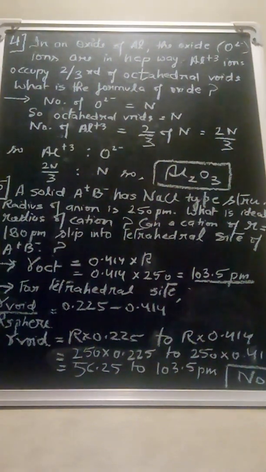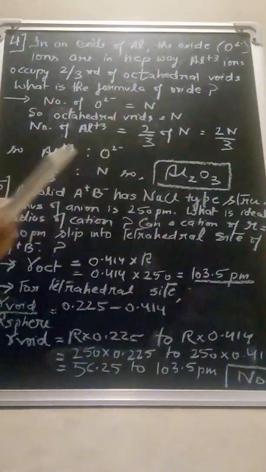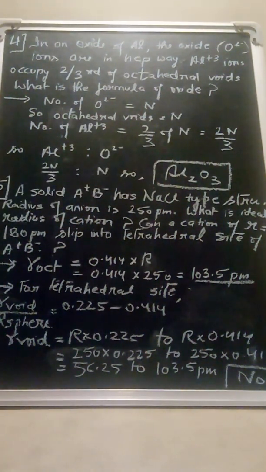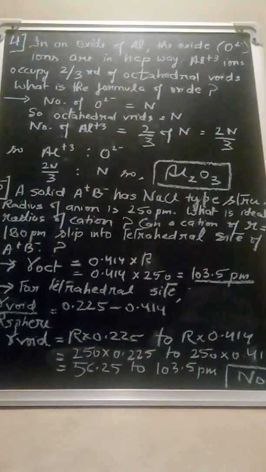So they are saying that a solid AB has NaCl type structure. You should remember that NaCl has octahedral type of structure, right? When a solid has octahedral type of structure and the radius of anion is 250 picometer, what should be the ideal radius of cation?